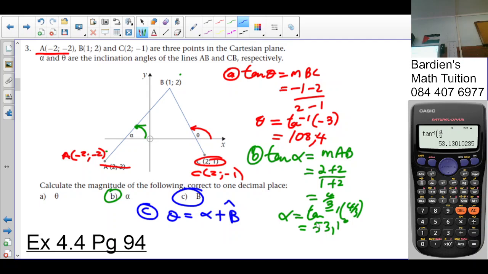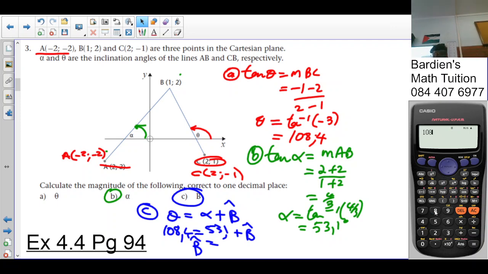So theta is 108.4 equals alpha, which is 53.1, plus your beta angle. So beta works out to be 108.4 minus 53,1. Gives you 55,3.